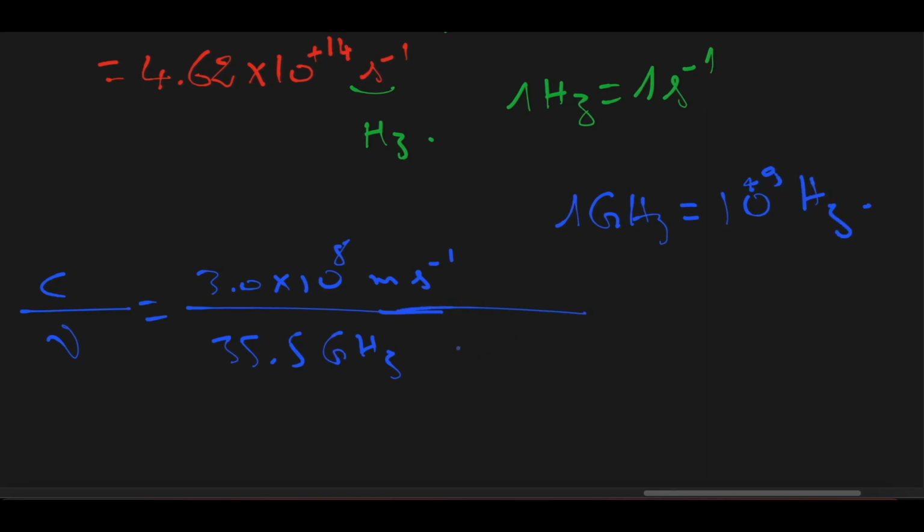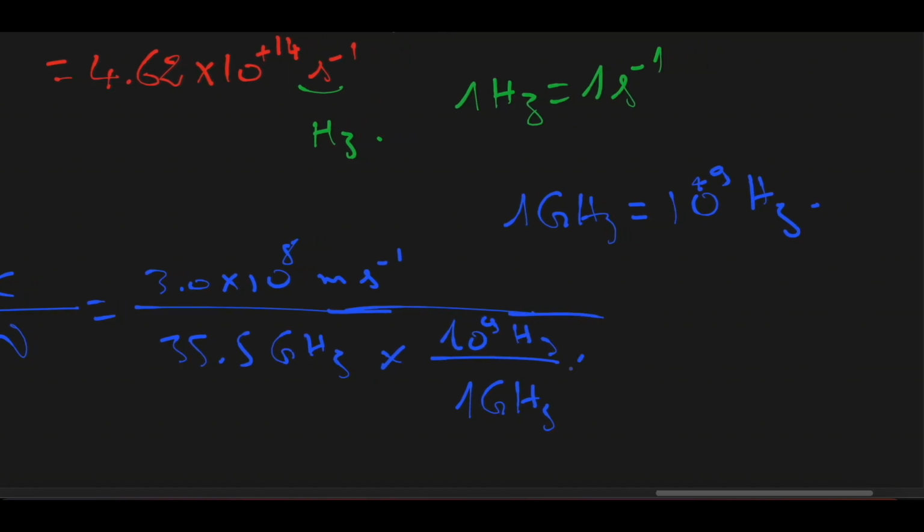So we multiply by 1 GHz, 10 to the 9 hertz. And also we know that 1 hertz is equal to 1 second to the negative 1.